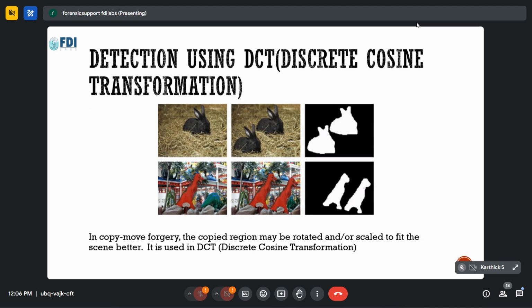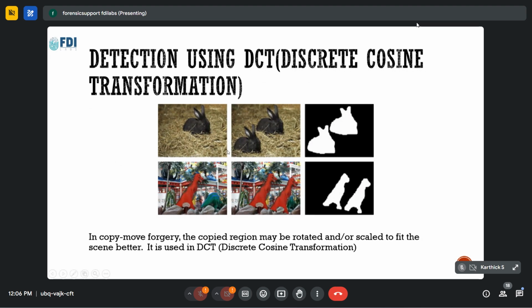The first thing we are going to see is detection using the DCT method, the discrete cosine transformation. DCT is used in detecting the manipulation technique. For example, the rabbit here has been copied and moved to the second picture.